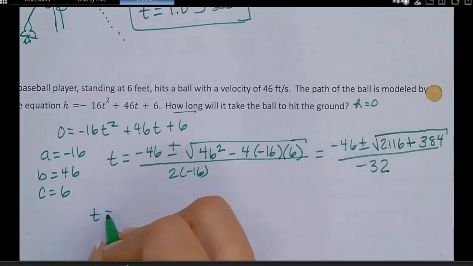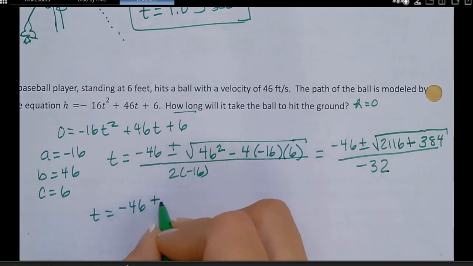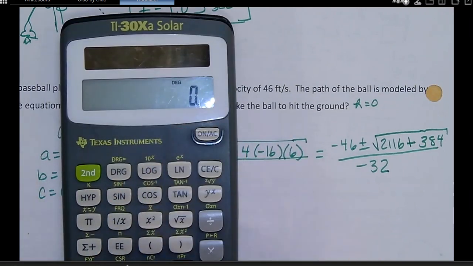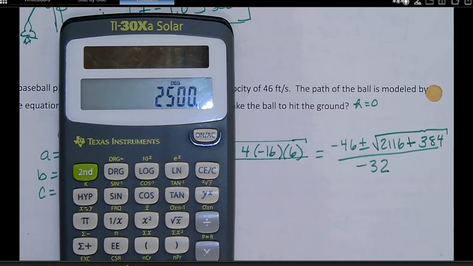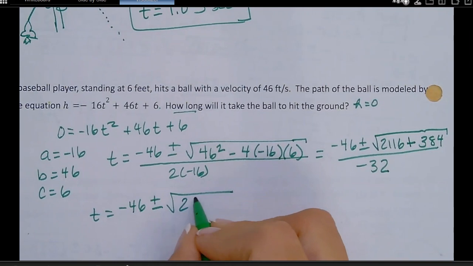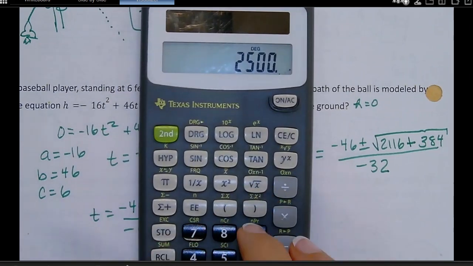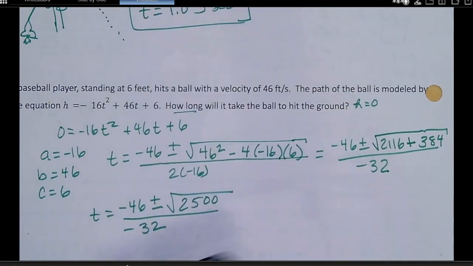Okay, t equals negative 46 plus or minus the square root of, here comes my calculator, 2116 plus 384, 2500. Ooh, that's exciting. And it's all over negative 32. Square root of 2500, everybody? 50.